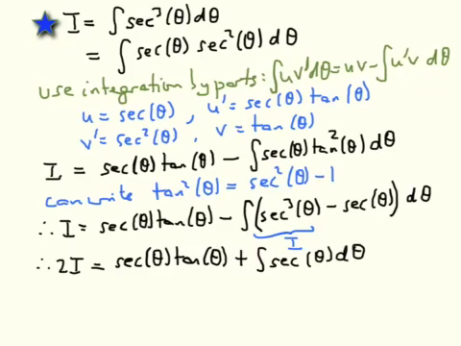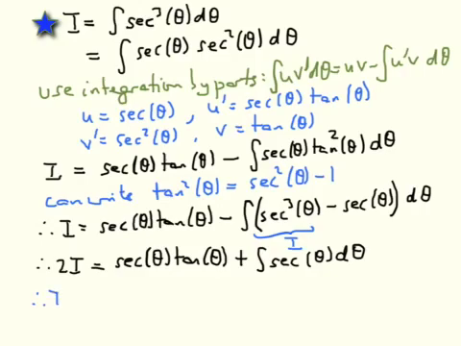And this is a standard integral whose result we know. It is the log of the modulus of sec theta plus tan theta. So we have this, we know what this is, and here there's a factor of 2, so we're going to divide both sides by 2.